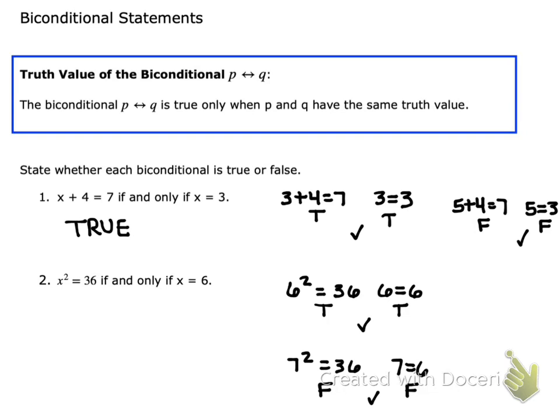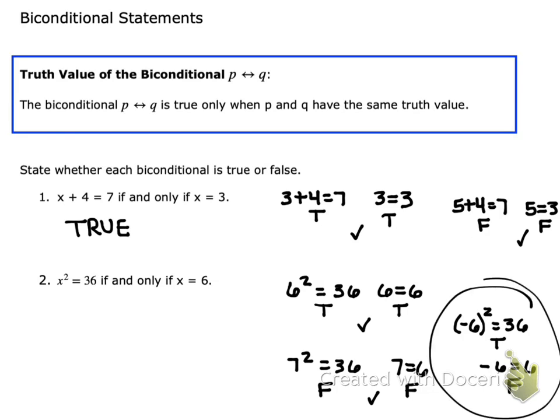Okay, so if I did negative 6 squared equals 36, is that true? Yes. But does negative 6 equal 6? No. So this situation, because it doesn't always match, because there's this contradiction, that makes this biconditional false.